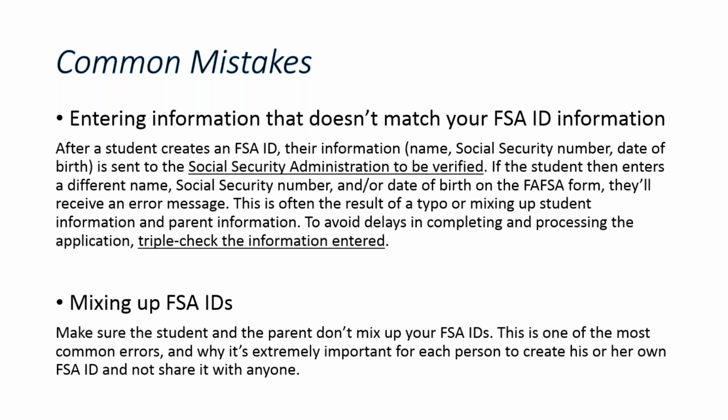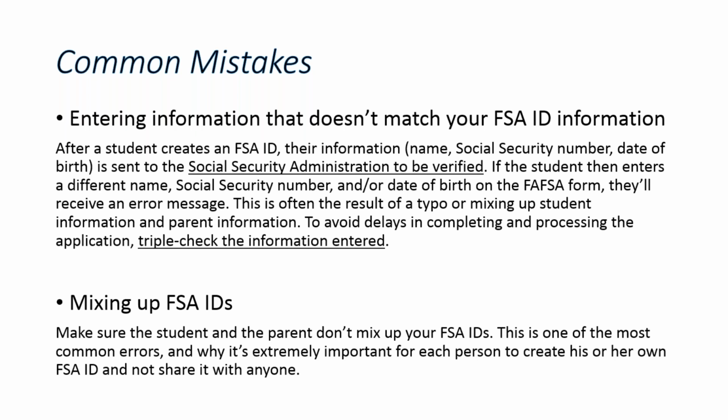So when they go on to the FAFSA and they enter 6, 7, 8 as the first 3 of their social security number, and it's supposed to be 6, 7, 9, it's going to come back and say you've got some mistakes after they submit it all. It's going to be really time consuming for them to fix that after it's already been completed.